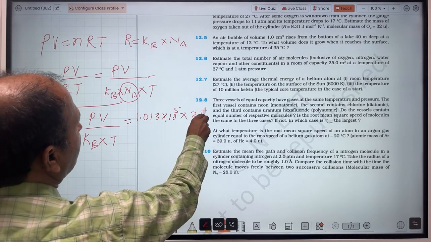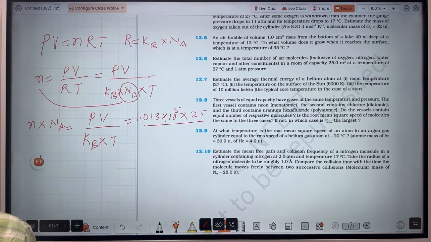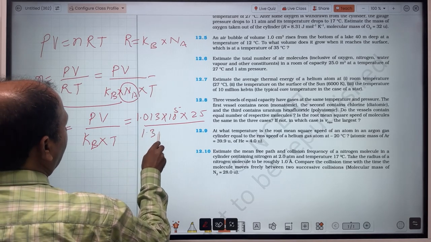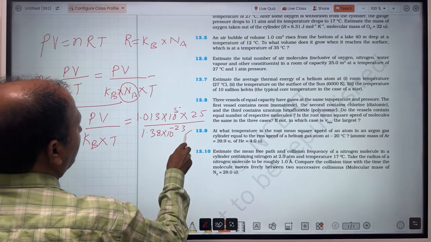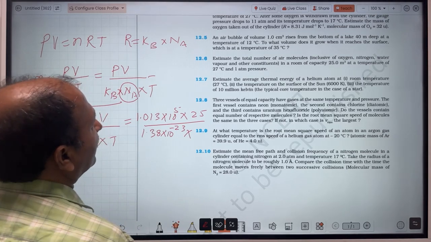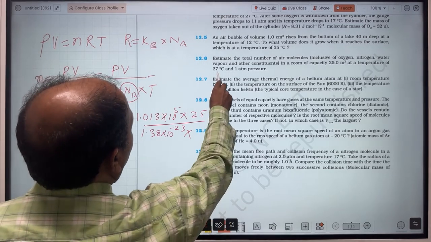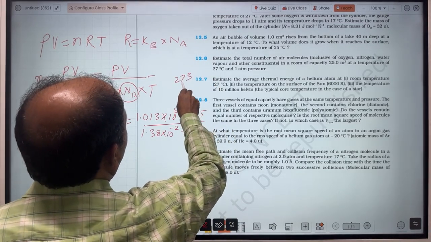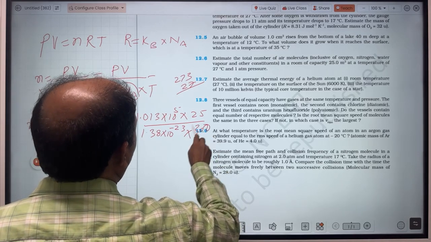Volume is 25 meter cube, divided by 1.38 into 10 power minus 23 into temperature. Temperature is given as 27, that is 273 plus 27. To convert it into Kelvin, it will become 300.